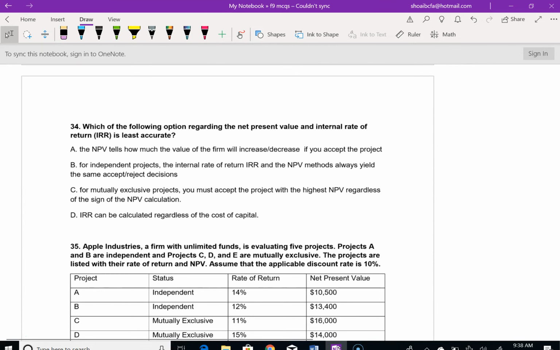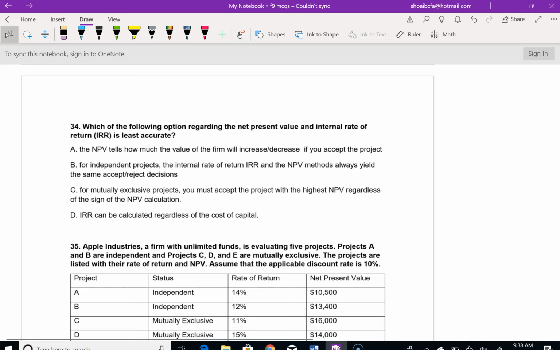Question number 34. Which of the following options regarding the NPV and the IRR is least accurate? Least accurate means which is incorrect. The NPV tells how much the value of the firm will increase or decrease if you accept the project. Yes, it is correct, because if NPV is positive, it will increase the firm value, and if NPV is negative, it will definitely decrease the value.